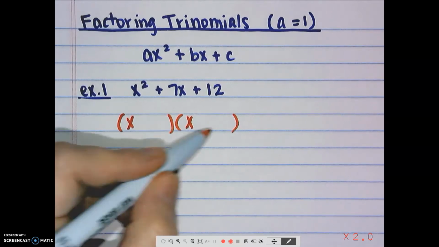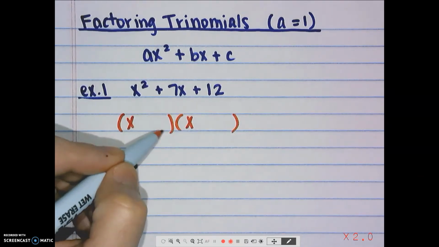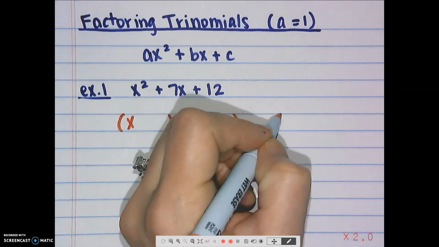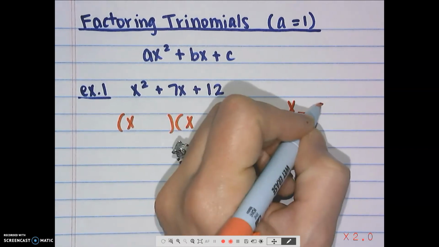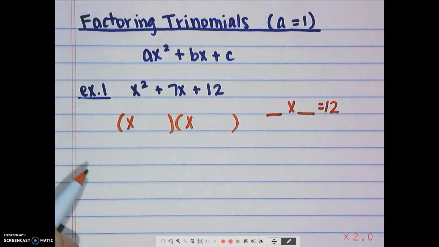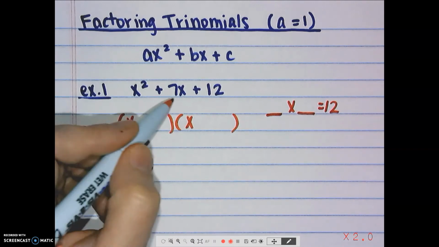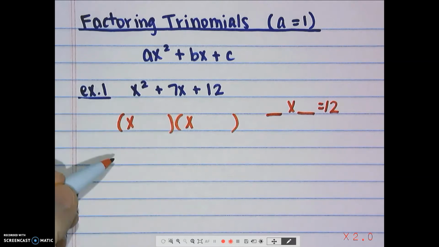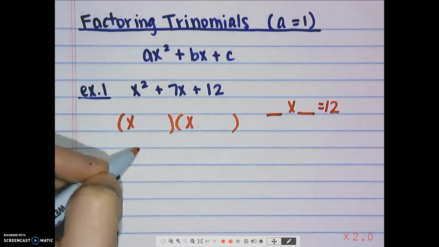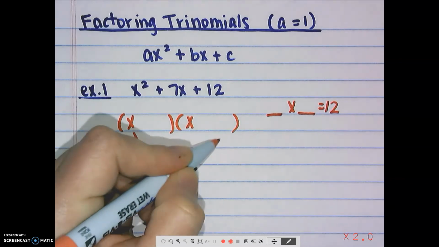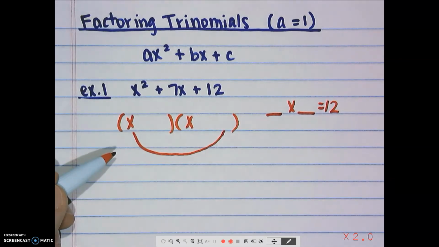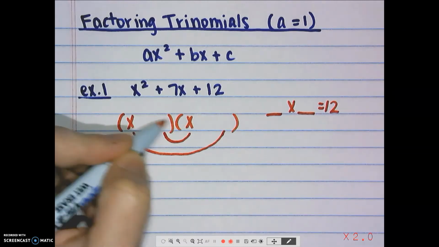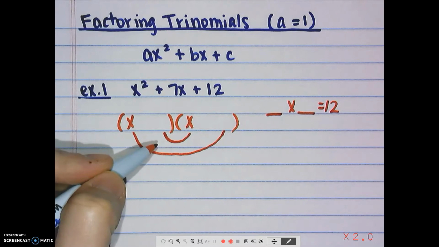For these back two terms, we know they are going to have to multiply to give us the 12. So we need two things that multiply to give us 12. Now, the middle term, this 7: if we distribute, x times something would give us some number x, and we would also distribute the other term to x, so again we would have something x.